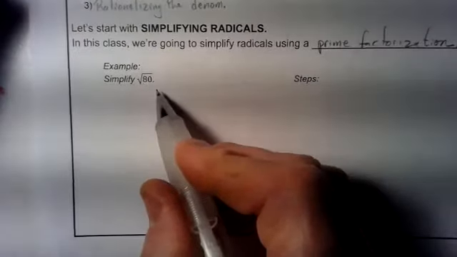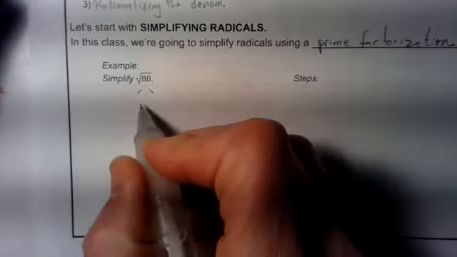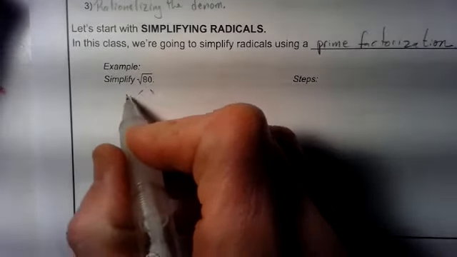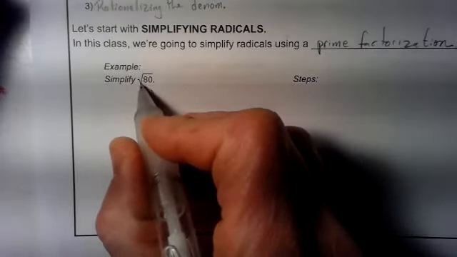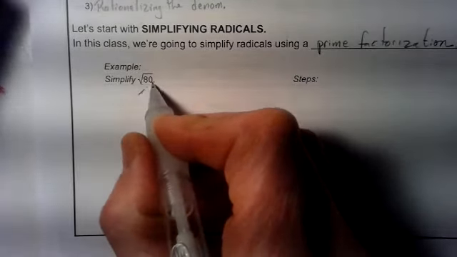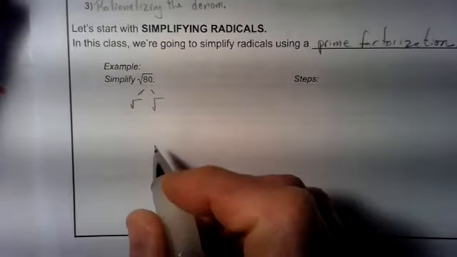So here we have the square root of 80, and we're going to split this up into different factors. And what we want to do is find prime factors of the square root of 80. Now, if something is inside a radical sign like this, we can split it up into factors, but they also have to be inside radical signs.